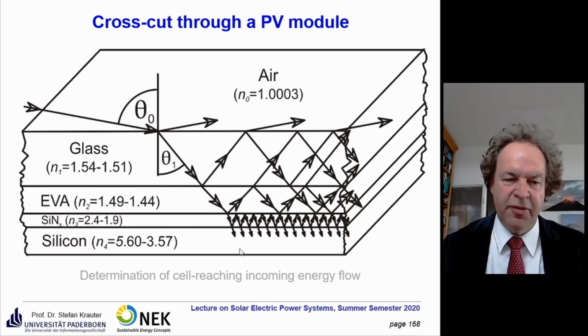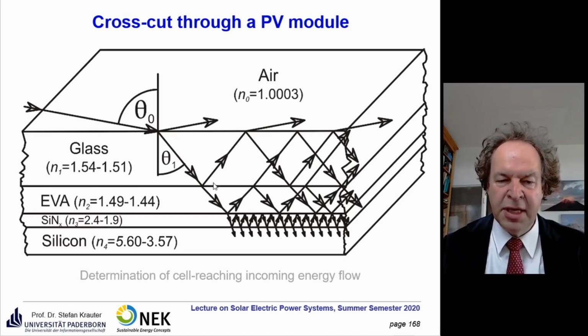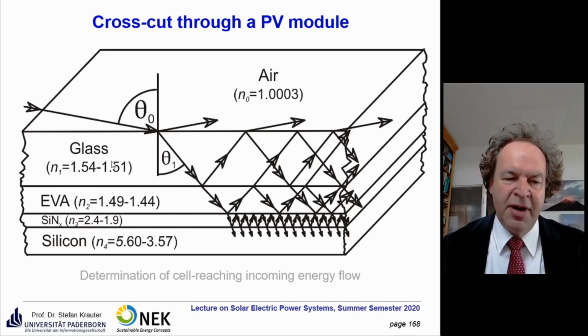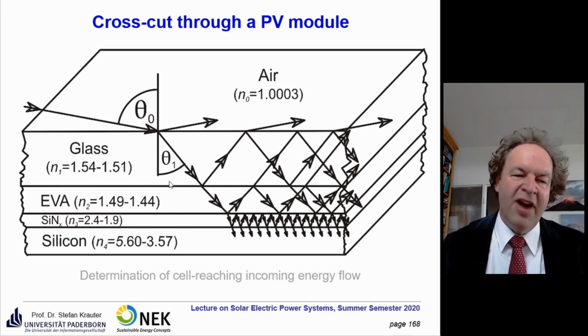Here you see the cross-cut of a PV module. This is what I mentioned here. There's the different reflection on the top surface, but also on the interfacing surfaces within the module, and so this part is not completely lost. It may be re-reflected in some part and then could still enter the silicon. This depends very much on the refractive index of the materials used.